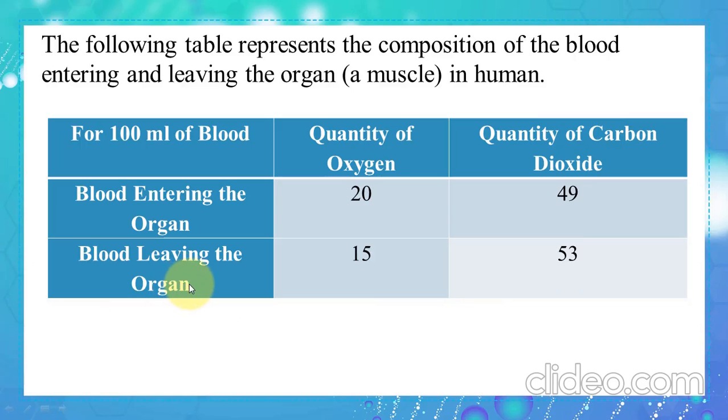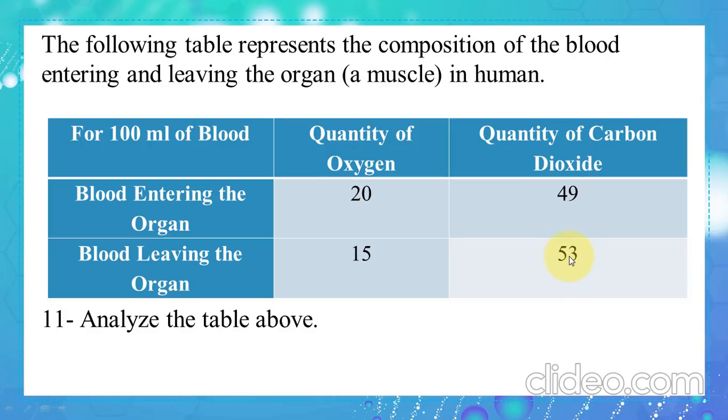So let us analyze the table above. So how to analyze the table? When we want to analyze, we are going to describe the variation of oxygen gas in the blood entering and leaving the organ, then describe the quantity of carbon dioxide in the blood entering and leaving the organ.